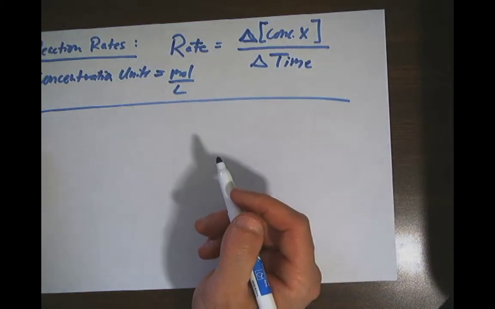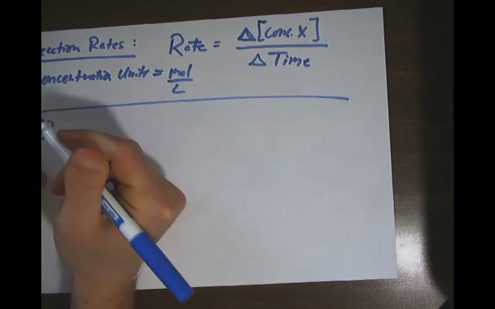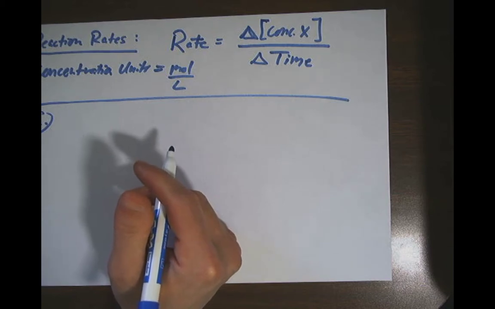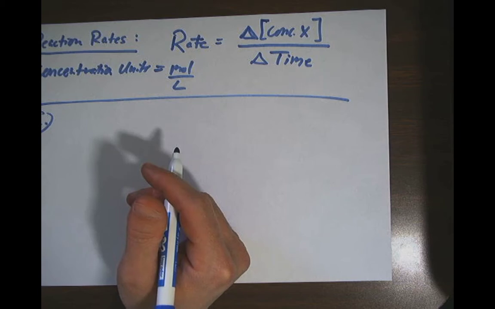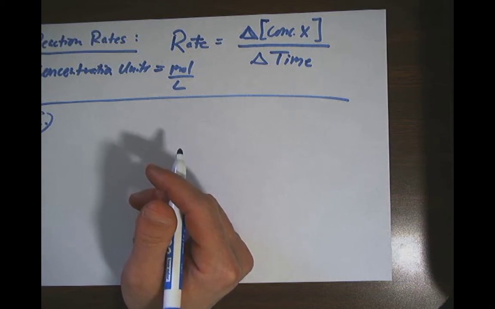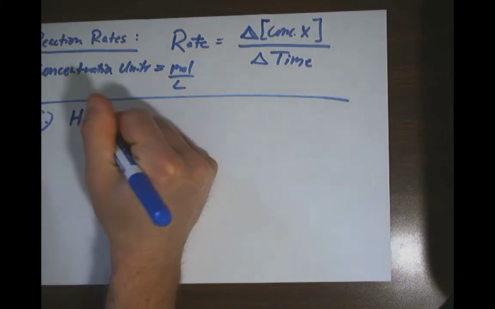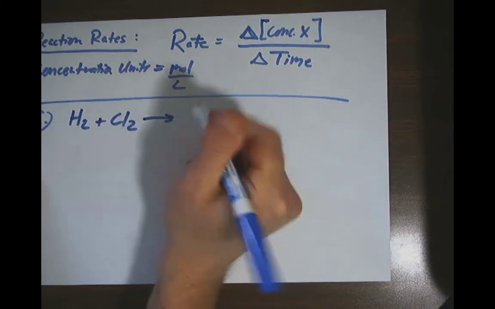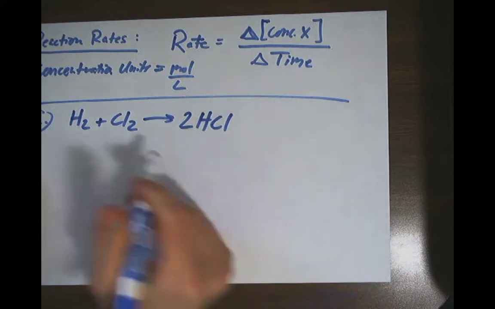So looking at our reaction rates review, I'm going to go to number 2 just for your reference. And it says at 40 degrees Celsius, hydrogen chloride gas will form from the reaction of gaseous hydrogen and chlorine according to the following balanced equation. And so we're using this equation, H2 plus Cl2 yields 2HCl.